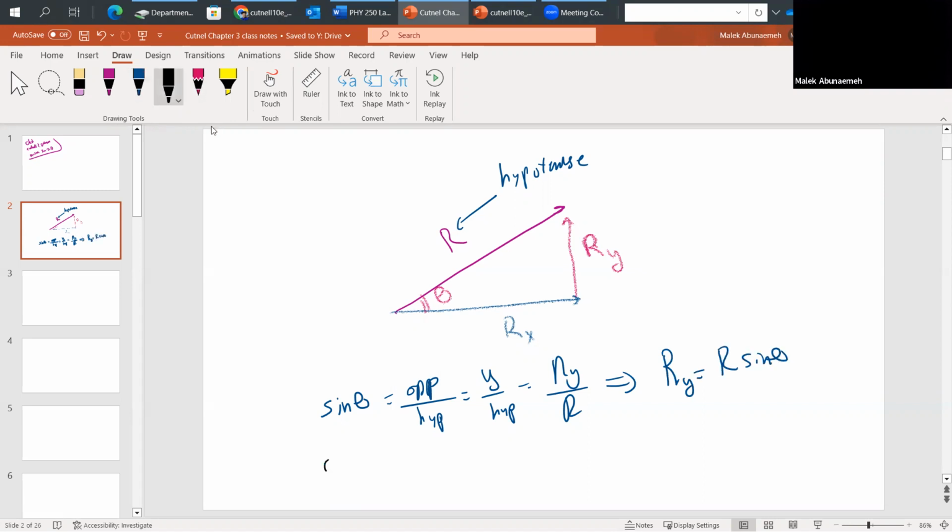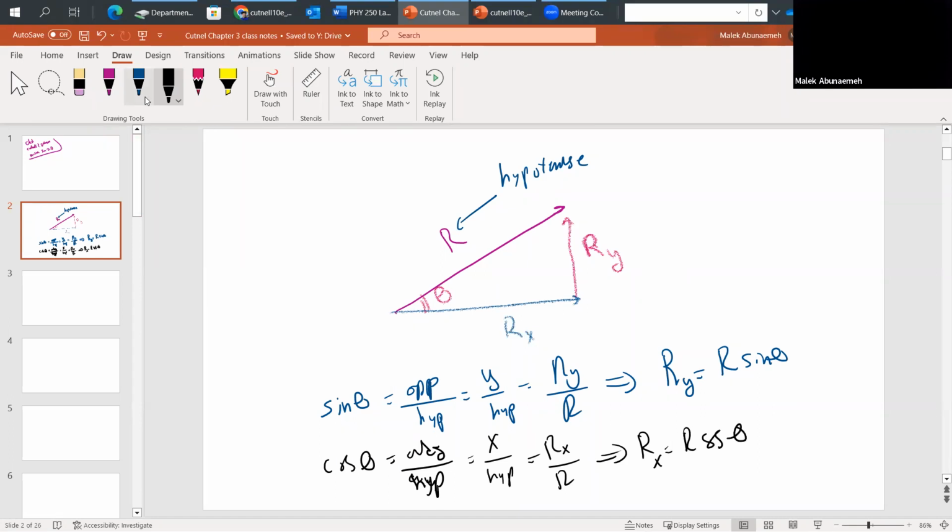Same thing for cosine theta, which is your adjacent over hypotenuse, which is going to be your x-axis over hypotenuse. In this case, it'd be your R_x over R. That's why the x component of your R vector is going to equal R cosine theta.